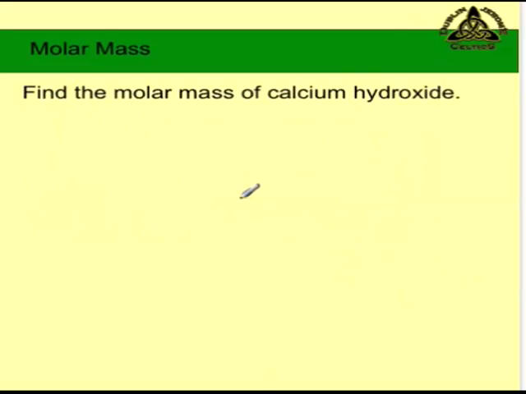Let's do another. Let's find the molar mass of calcium hydroxide. Now, what makes this problem a little different is that we're going to have to figure out the formula of calcium hydroxide. Well, calcium, because of its position in the periodic table, has a +2 charge. Hydroxide is a polyatomic ion, and it has a -1 charge.